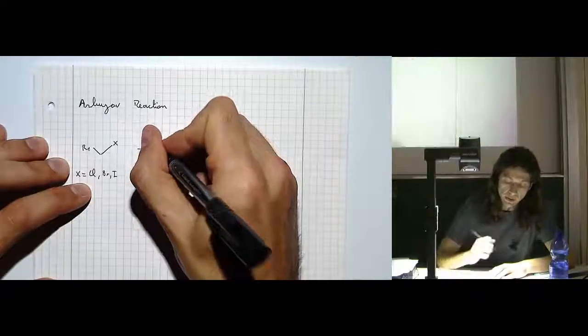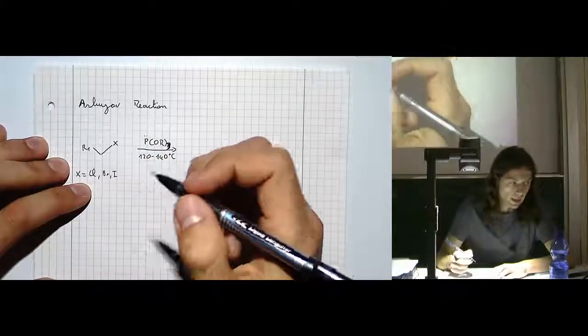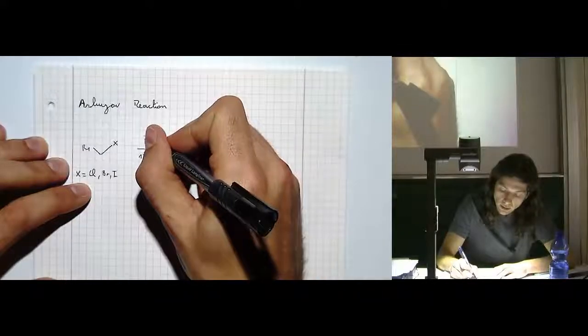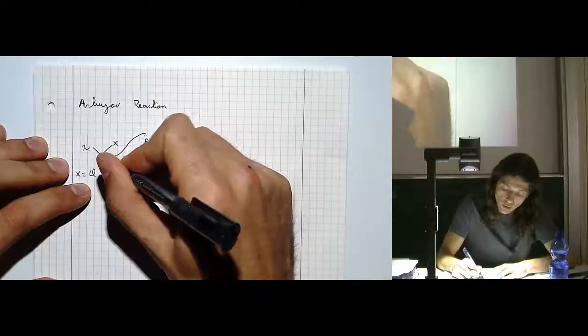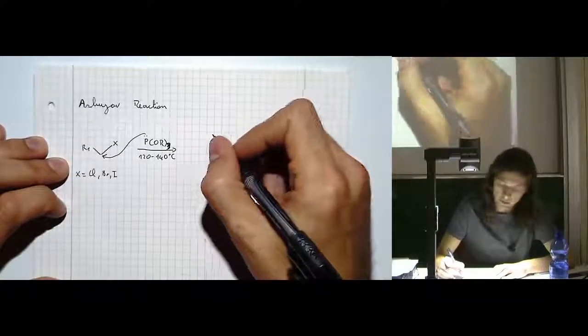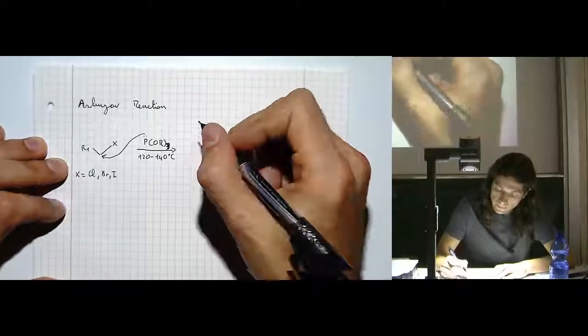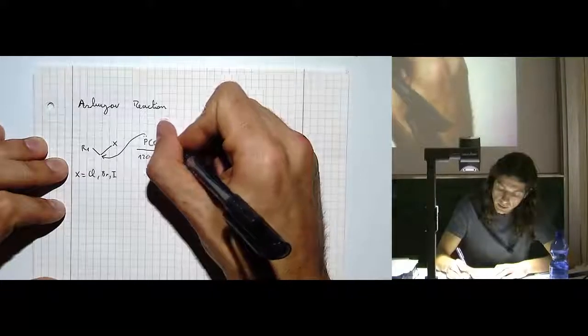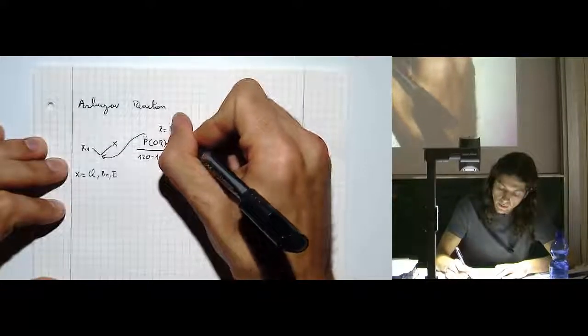Again, phosphorus has a lone pair here, so it can make a nucleophilic substitution at this center, giving rise to an ethyl group.